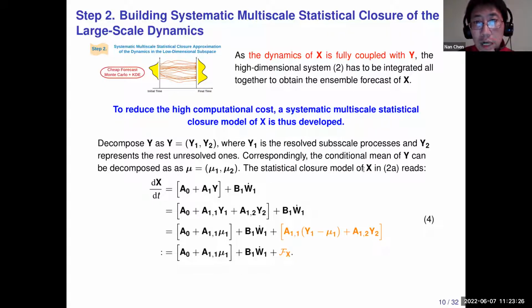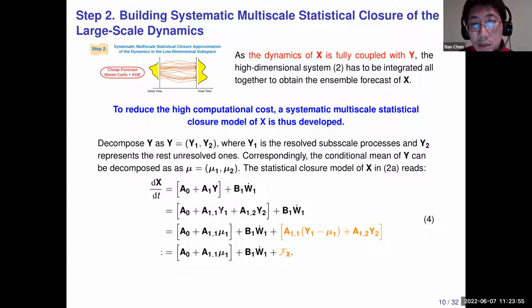To rewrite equation 2a, the equation of x, originally it was dx over dt equals a0, which is a function of x, plus a1, another function of x, times y plus noise. Now we still keep all the nonlinearity of x here, a0, but we decompose y as y1 and y2. So we have a11 times y1 plus a12 times y2, just a very simple manipulation.